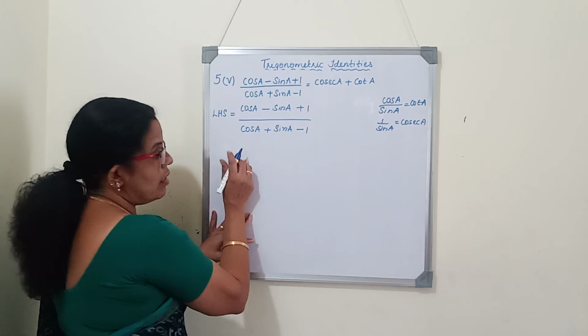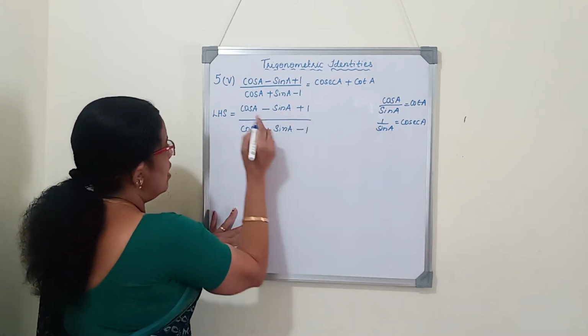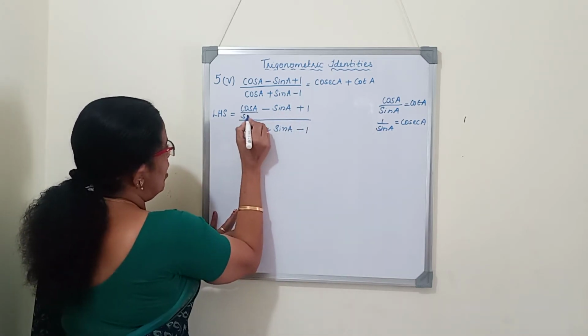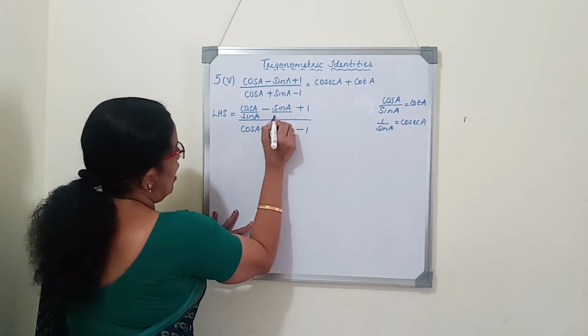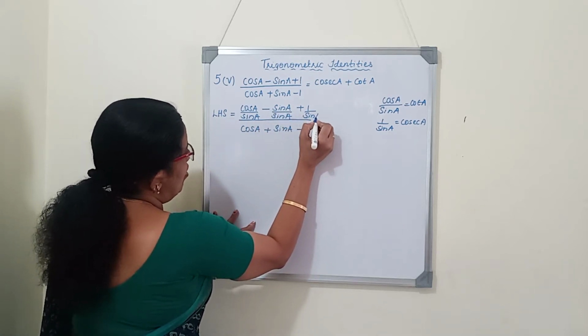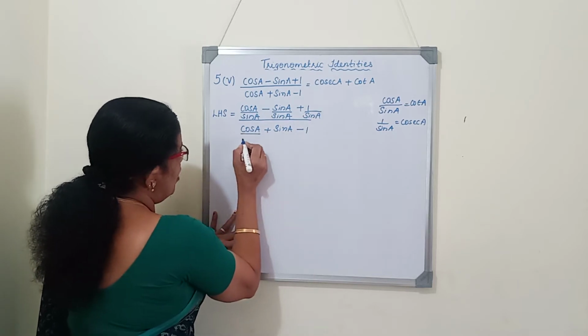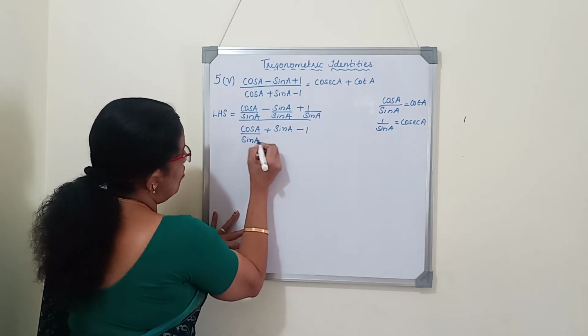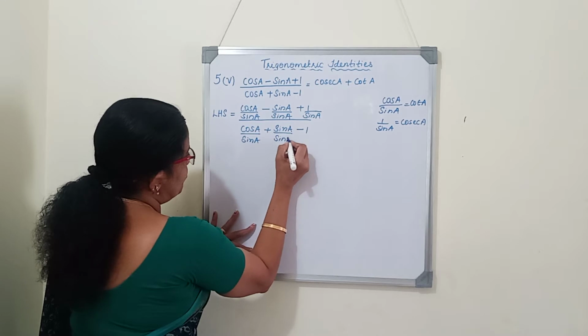Here each and every term we will divide by sin A, so in the numerator cos A by sin A, sin A by sin A, 1 by sin A, and the denominator also will be divided by sin A.